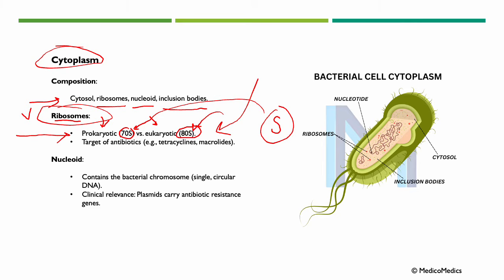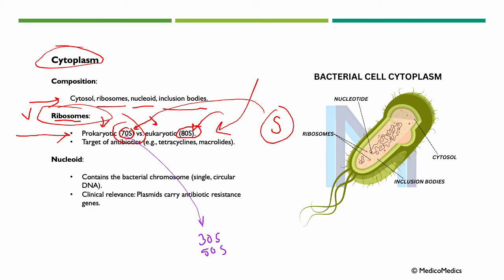So the prokaryotic ribosome, 70S, if we start with that, is composed of two subunits. It has a small subunit called 30S, and a large subunit called 50S. These are composed of different amounts of RNA and proteins.